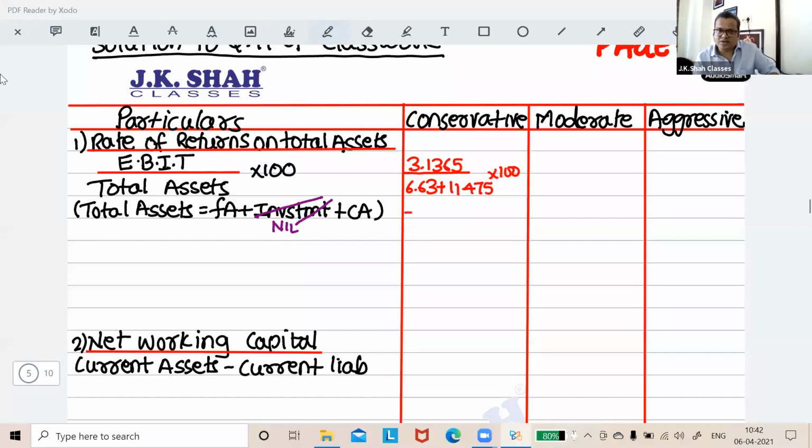So let's calculate this. 3.1365 divided by 6.63 plus 11.475, 18.105. So 3.1365 divided by 18.105. It came to 17.32%.